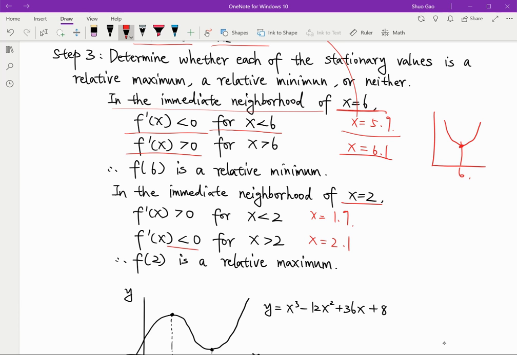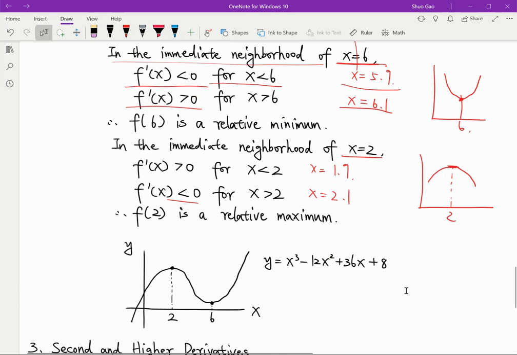So that means that x equals 2 is a relative maximum, right? For the neighborhood smaller than 2, the slope is positive, so it's an increasing function. And for the points larger than 2, the slope becomes negative, so it's a decreasing function. So 2 is a relative maximum here.